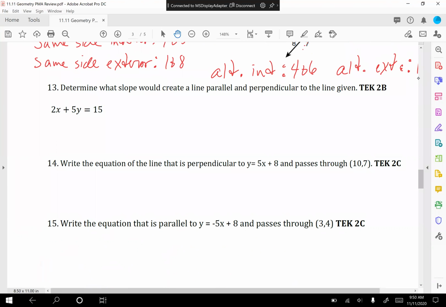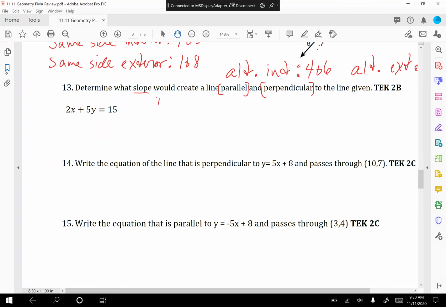Okay, this is our last kind of topic that's covered here. So it says determine what slope would create a line that is parallel and perpendicular to the given line. Okay, step one, guys, you always got to get these lines set equal to what? Y. We have to have it as y equals. So step one, solve for y.